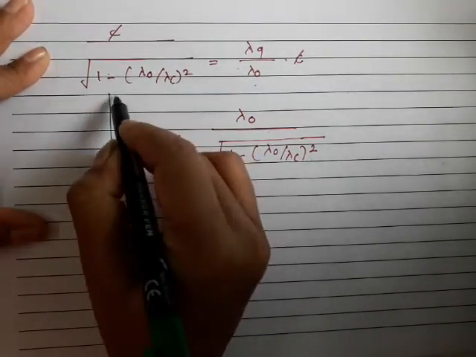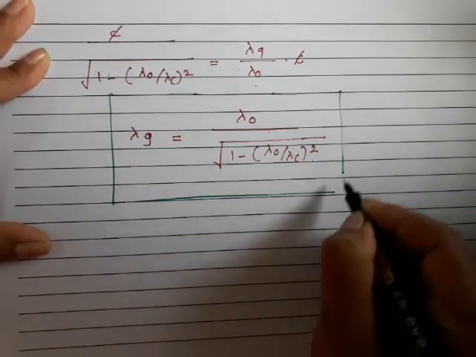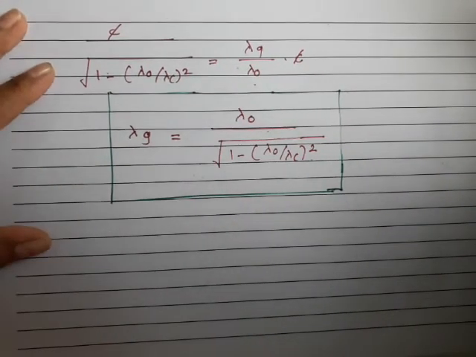This is the guide wavelength: lambda g is equal to lambda 0 divided by root of 1 minus lambda 0 by lambda c whole square.